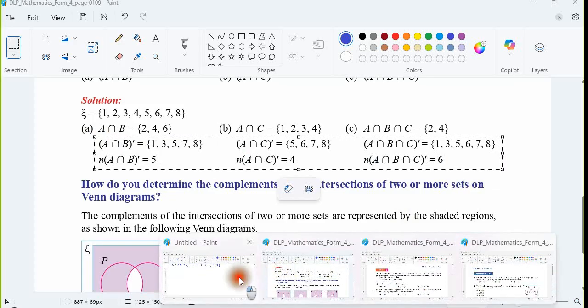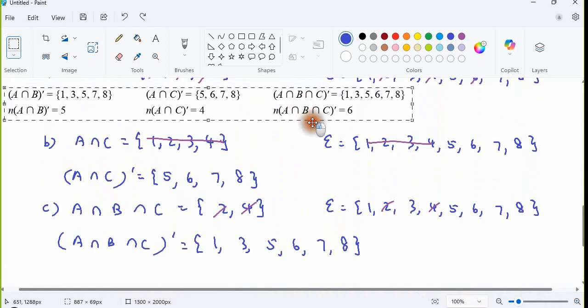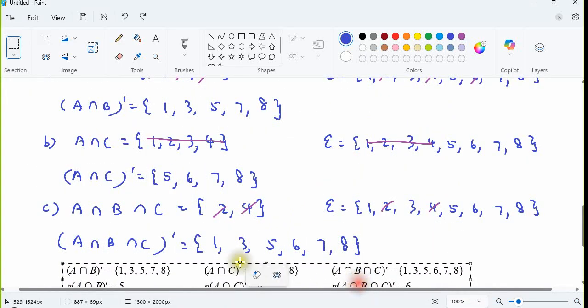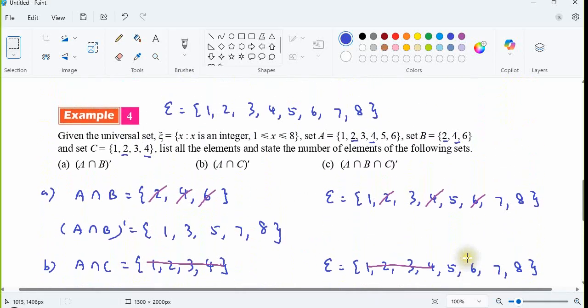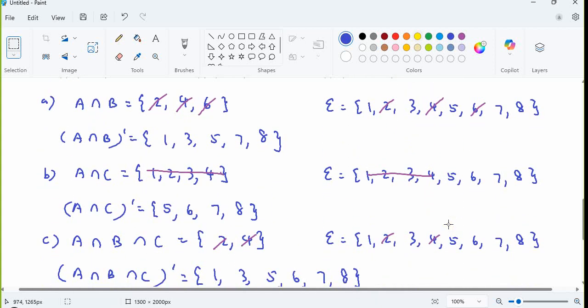Okay, we compare the answer given by the textbook. So we have 1, 3, 5, 7, 8, and then we have 5, 6, 7, 8, and this. The question also asks us to write the number of A intersect B, complement of A intersect B is 5.